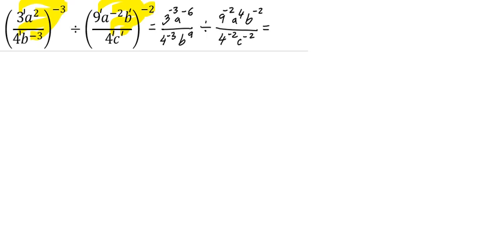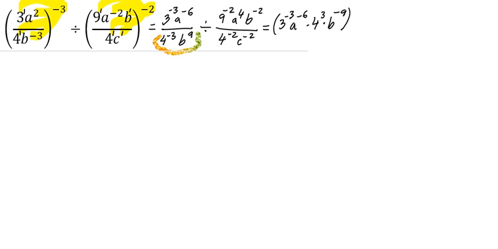The next thing I will do is take these bottom numbers and bring them to the top of the first fraction. So I'll put this in parentheses, so I'll have 3 to the -3rd, a to the -6th, and then by bringing negatives up they will become positive exponents. So 4 to the 3rd times, now this positive exponent will bring it up, so it will change to negative exponents, so b to the -9.